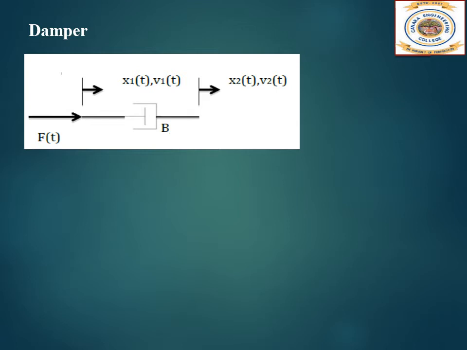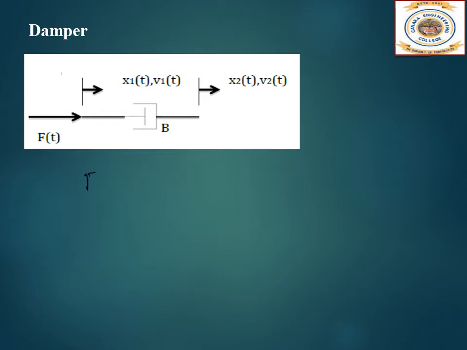It is considered as a two-terminal element. The force due to viscous friction is proportional to the relative velocity between the two points, and the constant of proportionality is taken as b. Here at one end the velocity is v1 of t, at the other end v2 of t. Displacement is taken as x1 of t, and at the other end x2 of t.